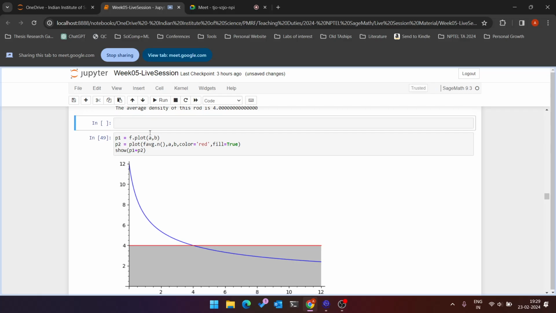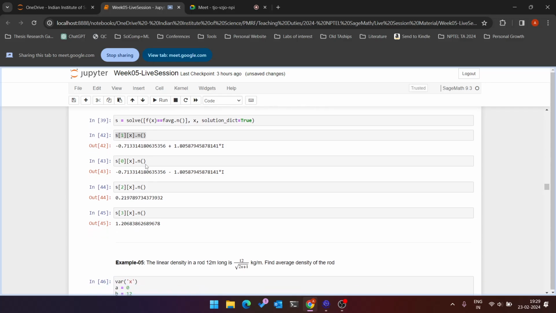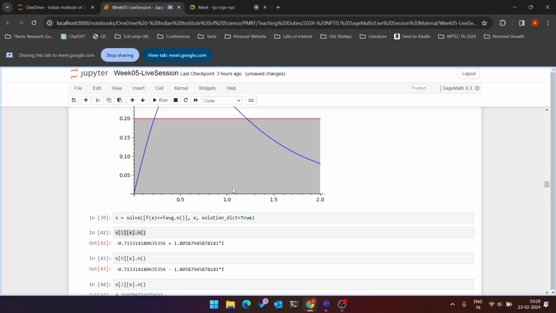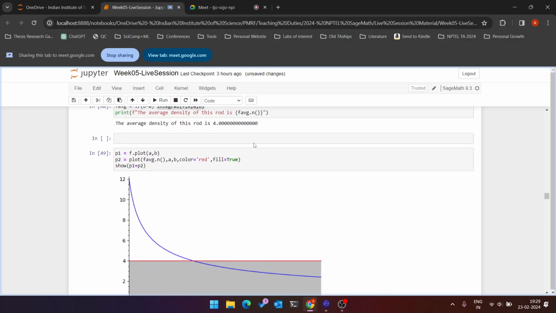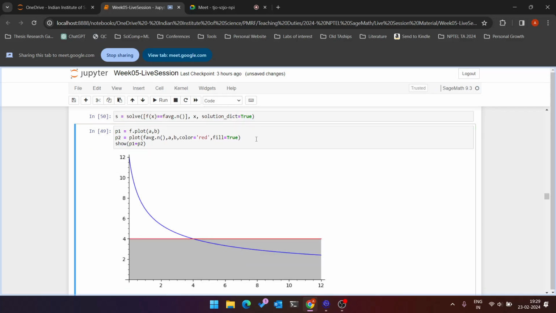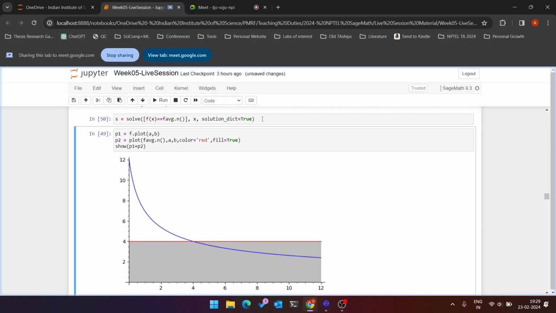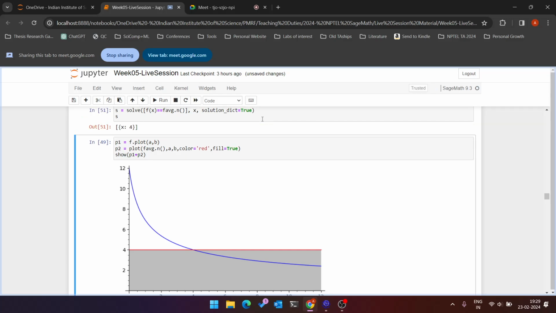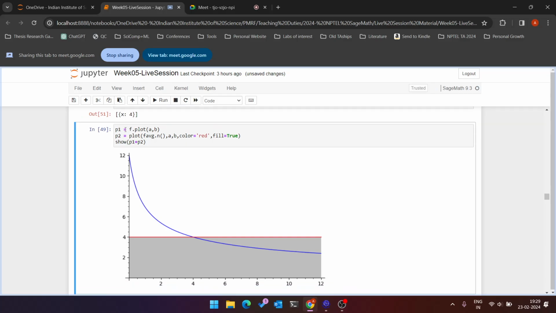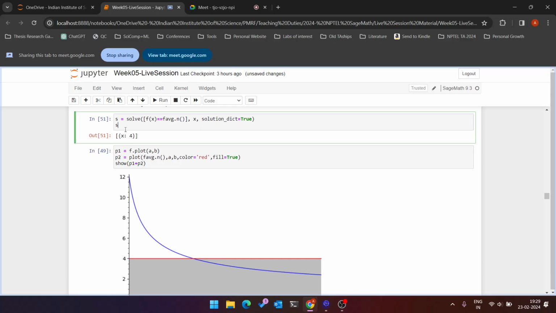If we wish to see what point it is, we could simply do this again. So that gives us exactly 1 point. X is equal to 4.